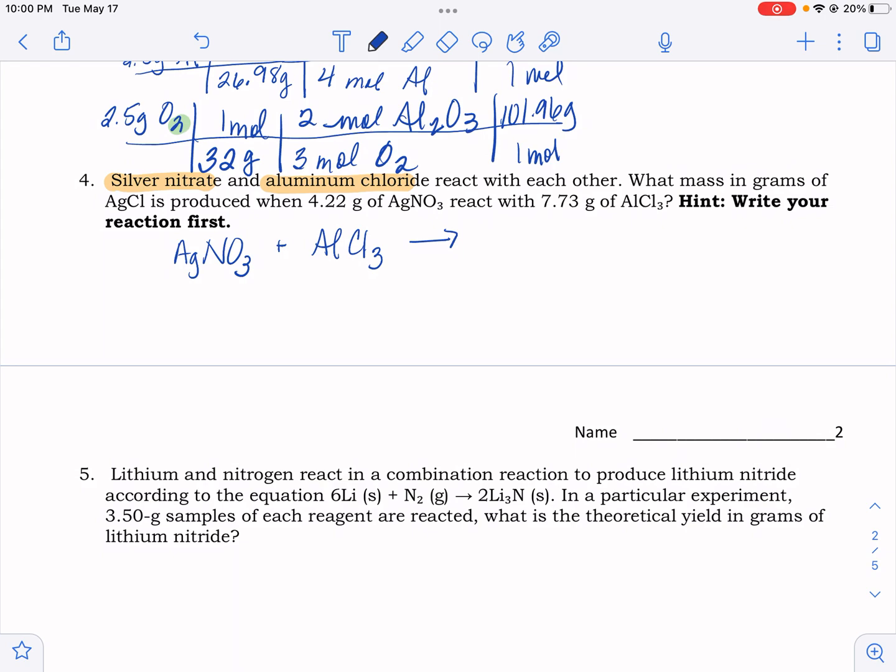So the silver and aluminum will switch places. We'll get silver chloride and we'll have aluminum nitrate.